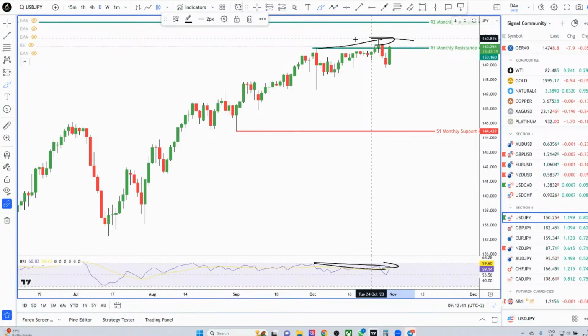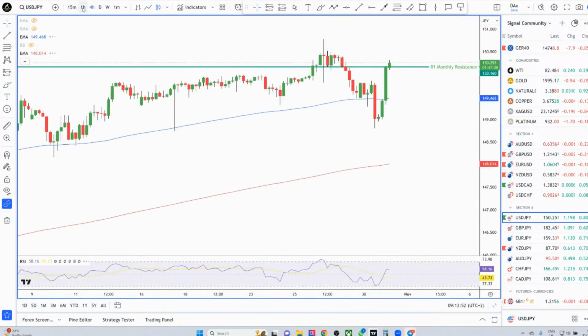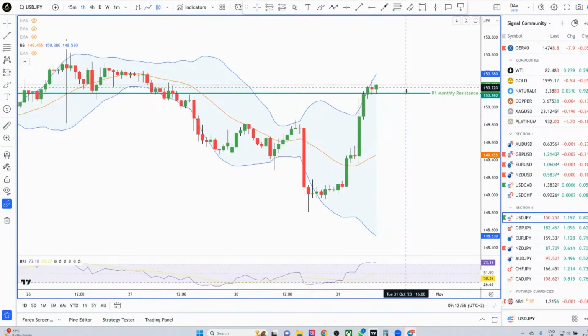Now, price is retesting this area of resistance, and keep an eye on that on the lower time frames today. Maybe that will be a good opportunity to get some pips out of this trade. If we find some reversal price action around here, we might want to sell it. All right, for 221, 321, there is room for this market to move lower.